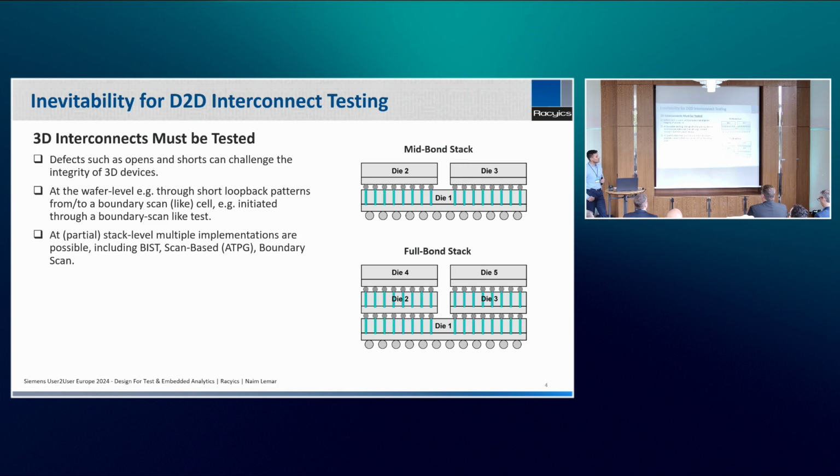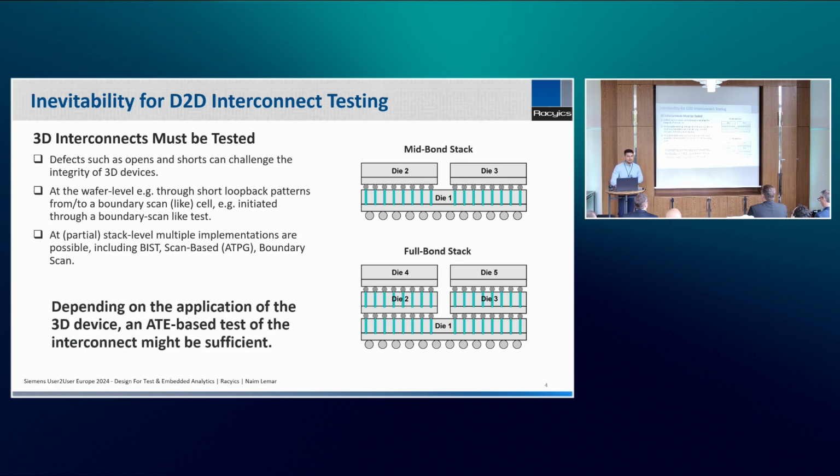One is at mid-bond level, and the other is at full bond. So there are lots of solutions to test the interconnects. As I said, the built-in self-test solution, and also the boundary scan, which is a serial port. But depending on the application, an ATE-based solution will be sufficient to test the die-to-die interconnects.